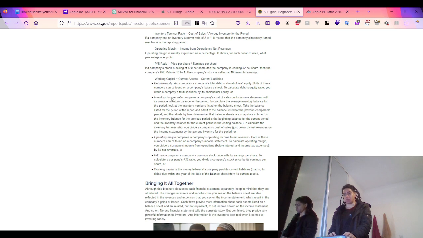And again, this is one metric to measure the company's financial health. Debt to equity ratio compares a company's total debt to shareholder equity. Both of these numbers can be found in the company's balance sheet. To calculate debt to equity ratio, you divide a company's total liabilities by its shareholders' equity.